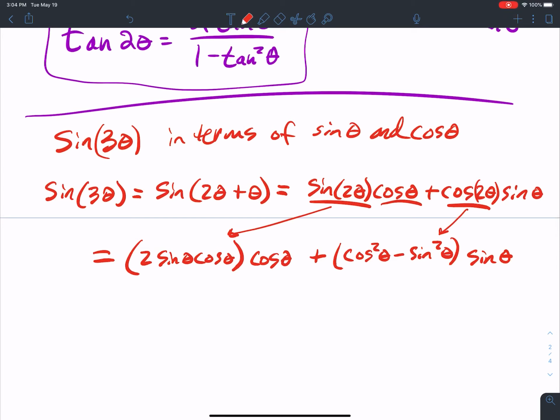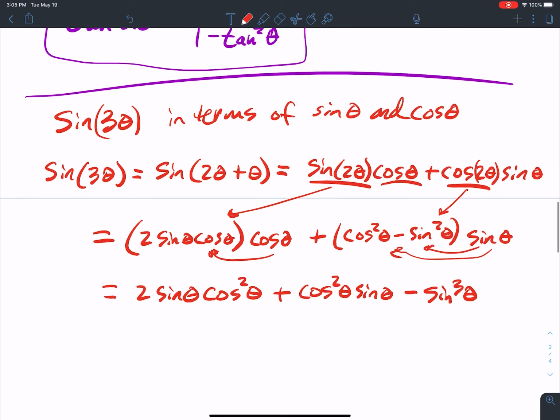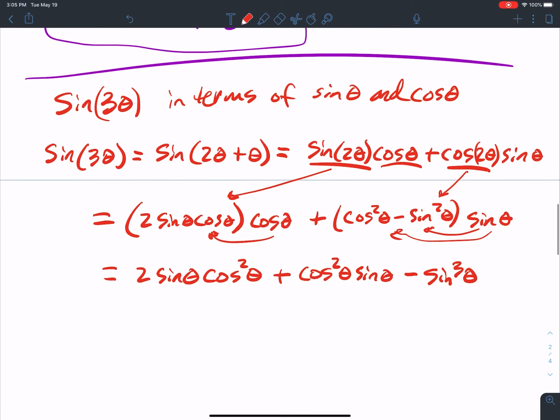So if you distribute everything out, which is fine to do, you get 2 sine theta cosine squared theta plus cosine squared theta sine theta, and minus sine cubed theta. And so I have 1 here and 2 there, so that's 3 total.